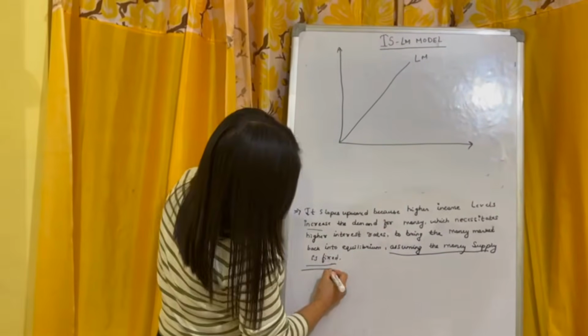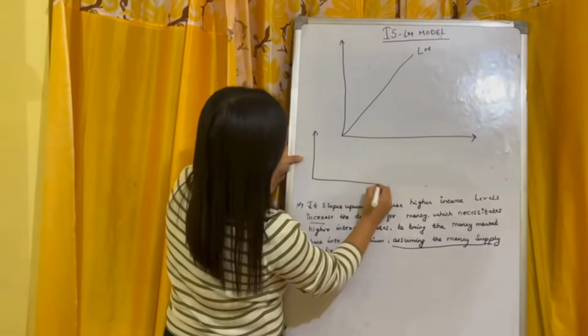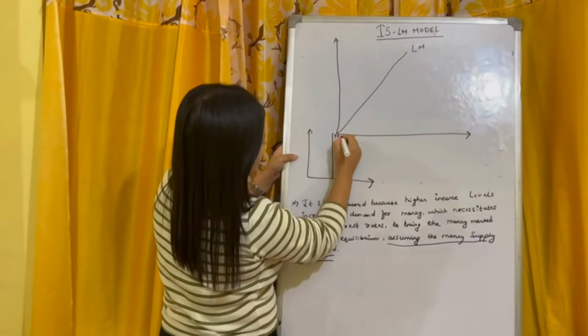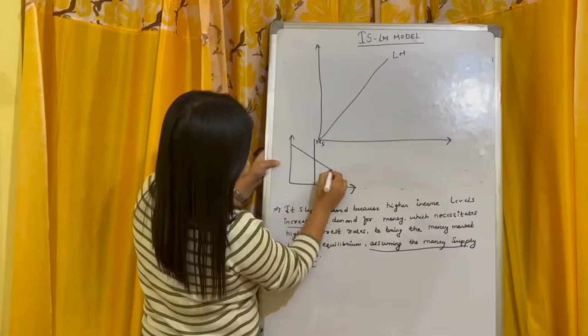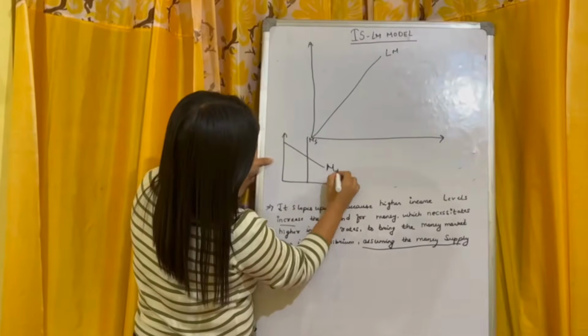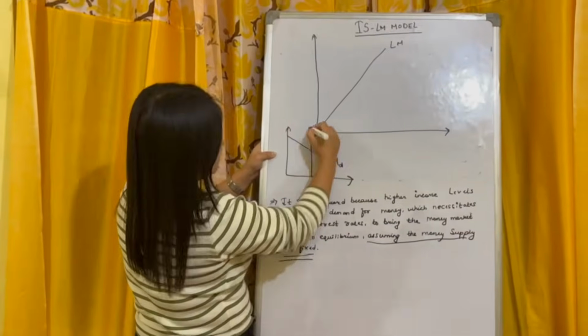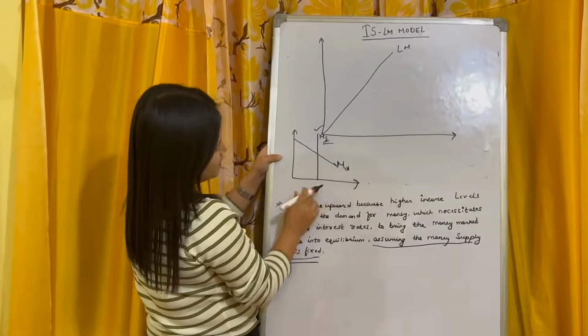This is very important to remember. This is our money supply, and this is the demand for money. That's why we can assume that money supply is fixed in this case, and demand for money is downward sloping.